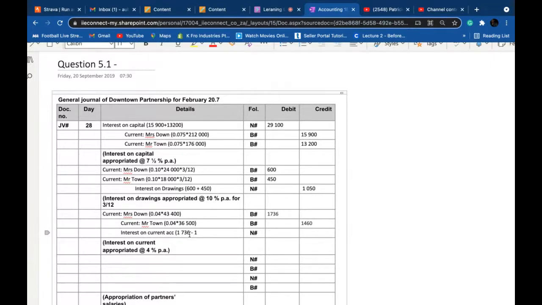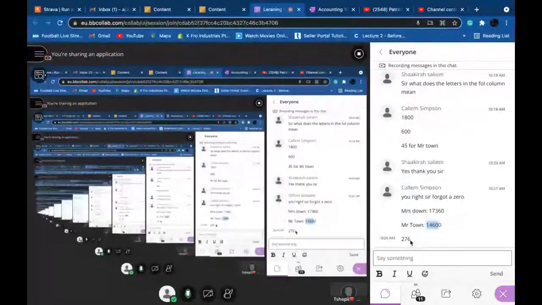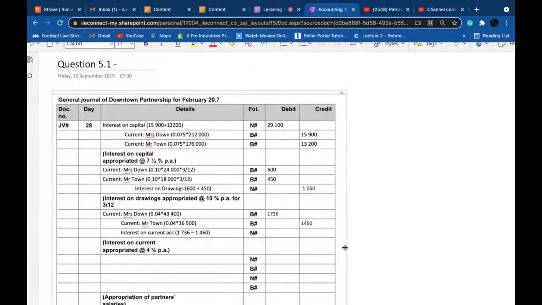And the money that's leaving us is this 1,460 that we are rewarding Mr. Town with. Okay, so the difference between the two is, please just let me know there in the chat. Okay, I heard somebody, 276. Thank you very much, Kellam. That is correct, 276.